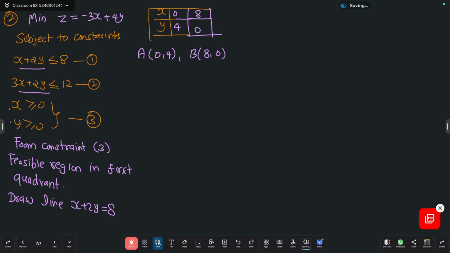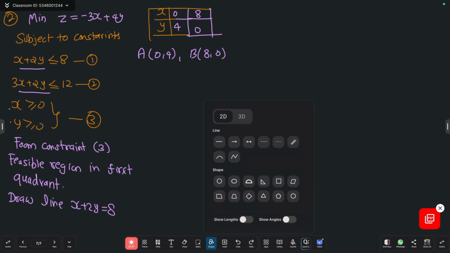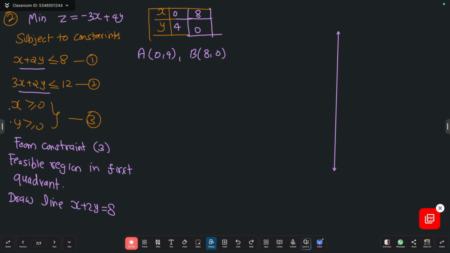Now the feasible region is in the first quadrant. Then put (0, 0) in the first inequality: 0 plus 0 less or equal to 8, which implies 0 is less than 8.